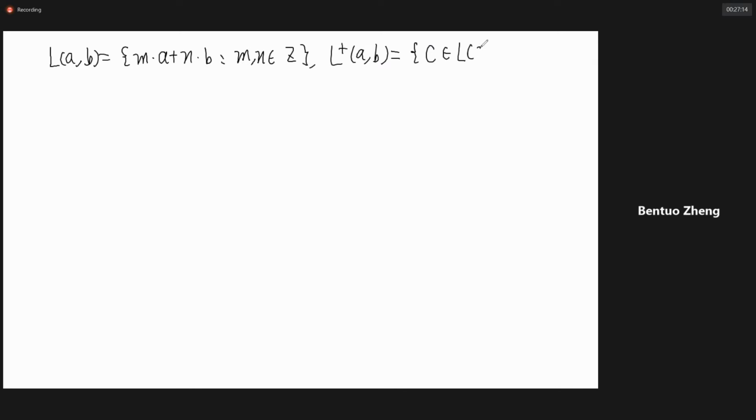Let me write here: L of AB is the set of all linear combinations, and L plus of AB is equal to the numbers C belonging to L of AB with C greater than 0.